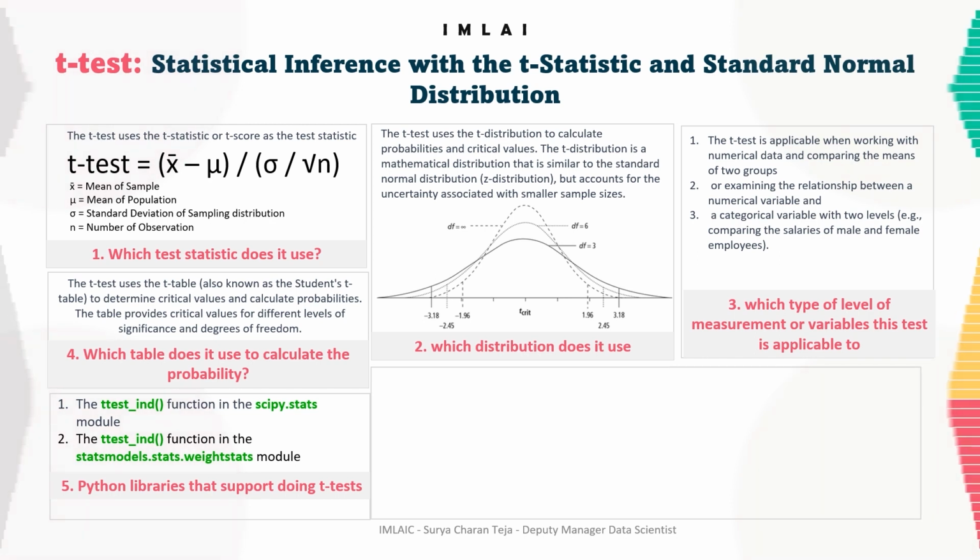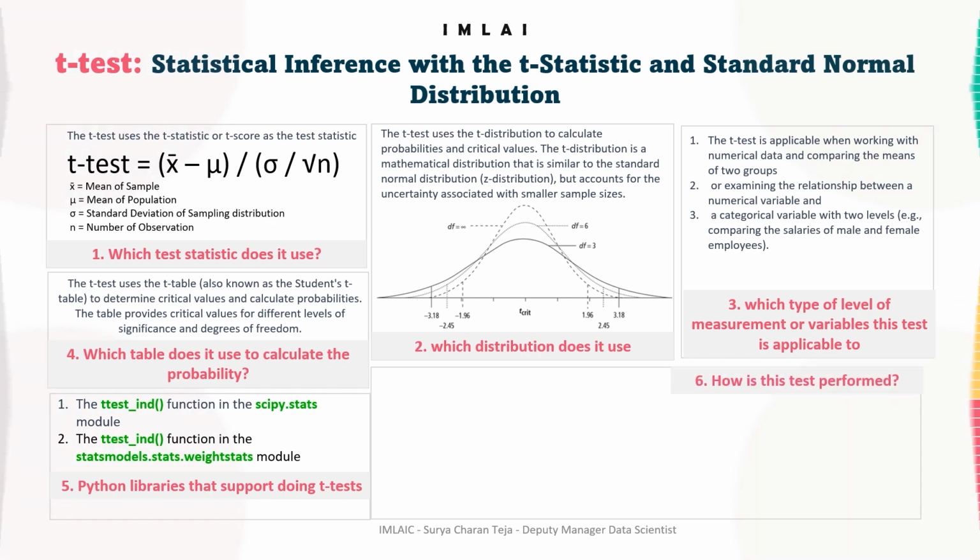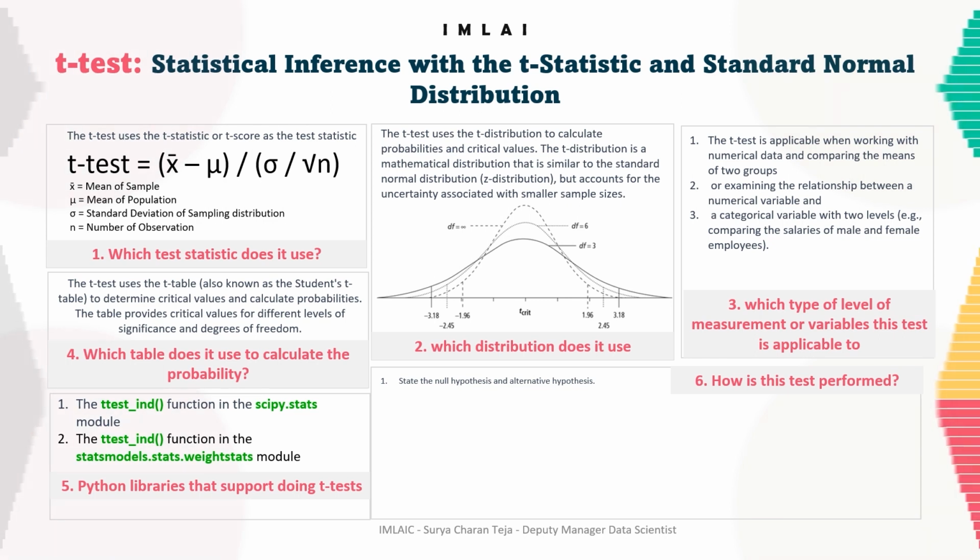The next question to be answered is how is this test performed? The first step is to define the null hypothesis, which is H sub 0, and the alternative hypothesis, which is H sub A or H sub 1, based on the research question.